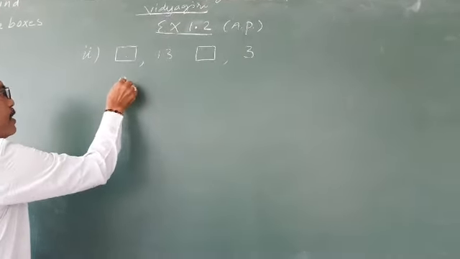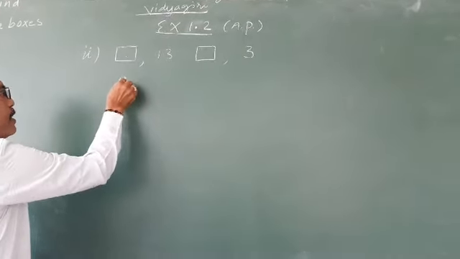By subtracting, a minus a gets cancelled. This gives minus 2d equals 10, since 13 minus 3 is 10. Therefore minus d equals 10 by 2.